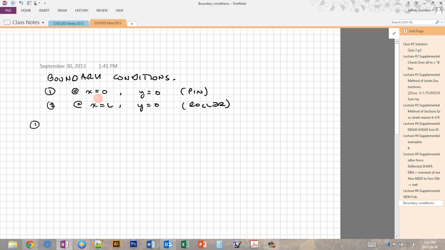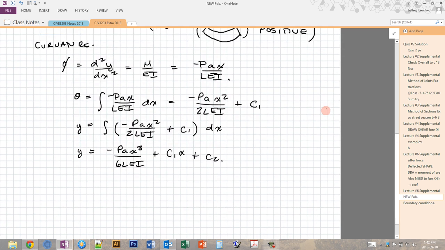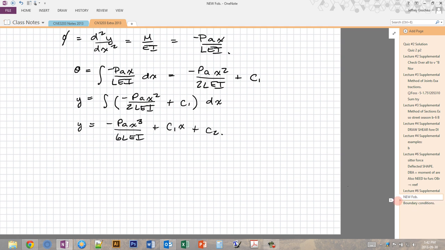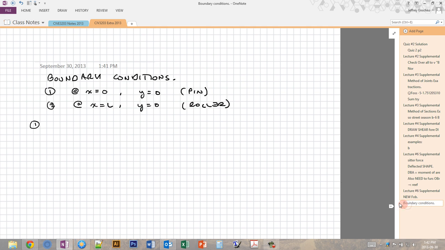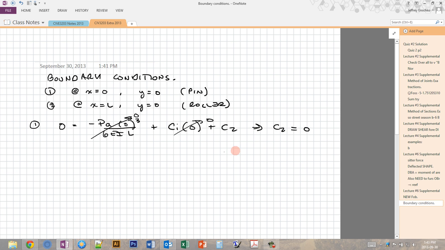Okay, so now we evaluate condition 1. We use our equation for y. So recall our equation for y. Now I'm going to sub in x equals 0 and y equals 0. So we get 0 equals negative PAx cubed over 6LEI plus C1 times x, which is equal to 0, plus C2. So these both go to 0 because they have 0 in the numerator, therefore C2 equals 0.